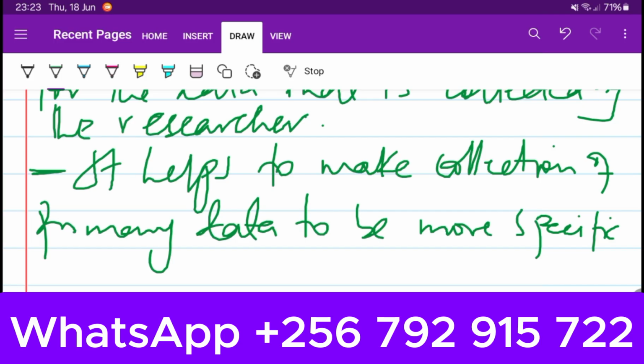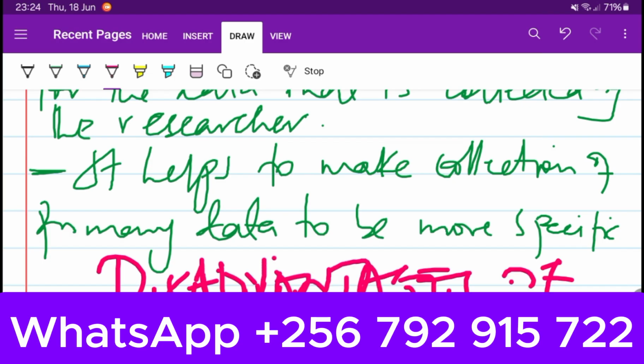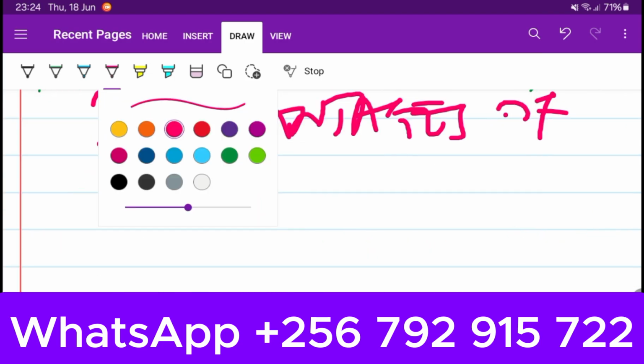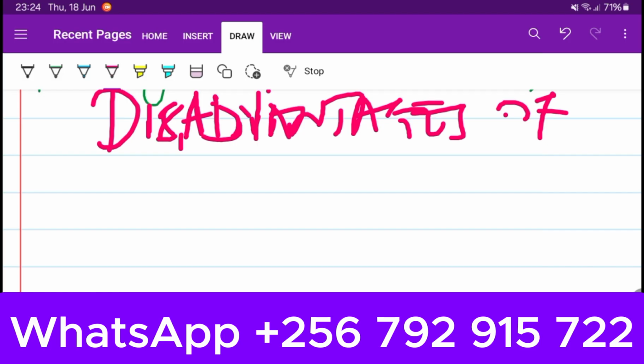Maybe we talk about the disadvantages, then we also look at the sources of secondary data. So before we look at the sources, let's first have the demerits or the disadvantages of secondary data.